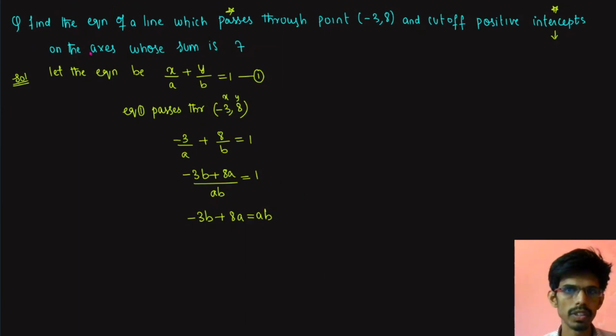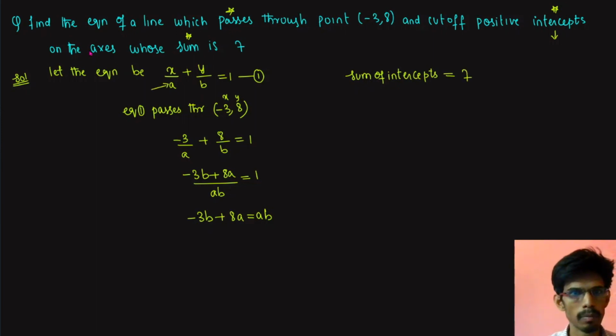Right, we got an equation with two unknowns a and b. And one more thing is given, another condition is whose sum is 7, means sum of intercepts. Here we have two intercepts, x intercept and y intercept. This is x intercept and this is y intercept. So the sum of intercepts is nothing but a plus b is equal to 7.